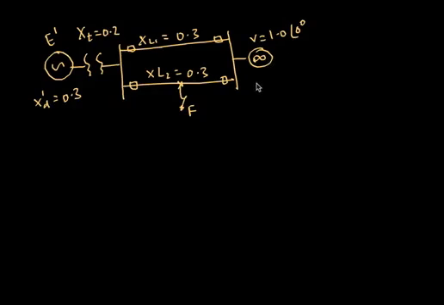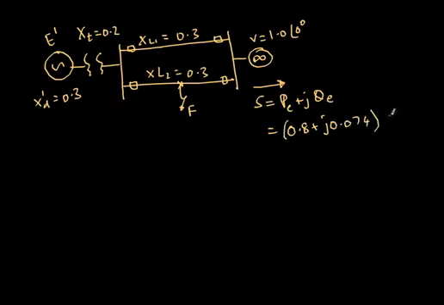It is also given that the complex power, that is the active power and reactive power, is 0.8 plus j0.074 per unit. So this much power is being delivered to the infinite bus from the generator through two transmission lines and this transformer and so on.